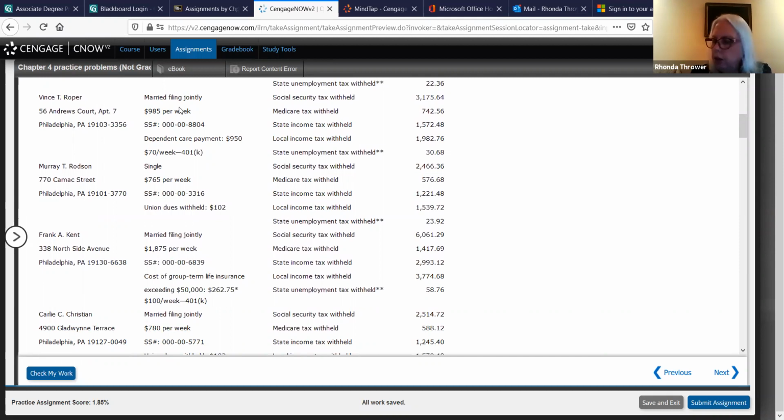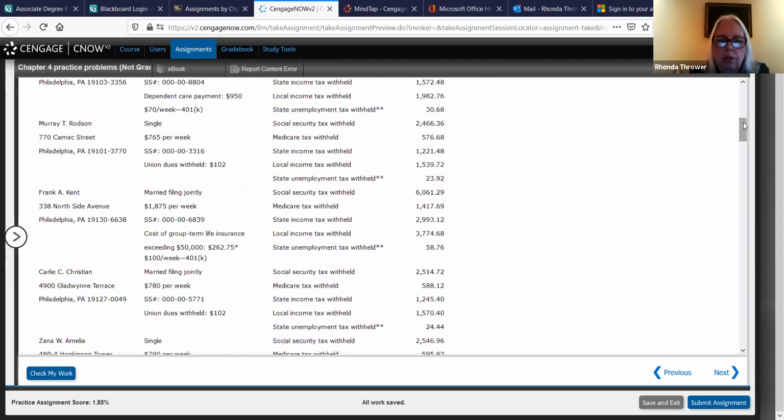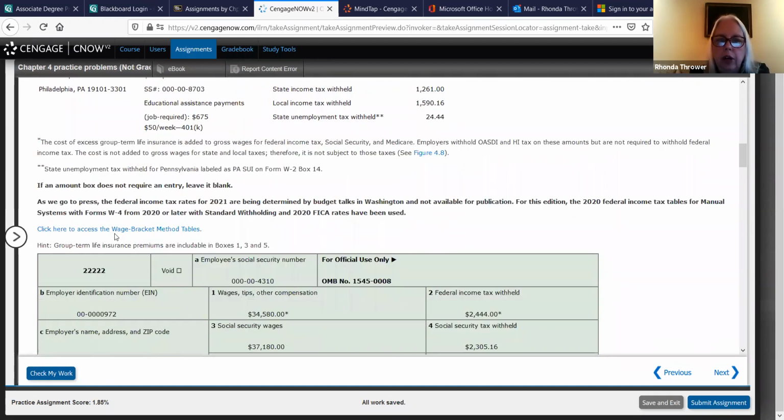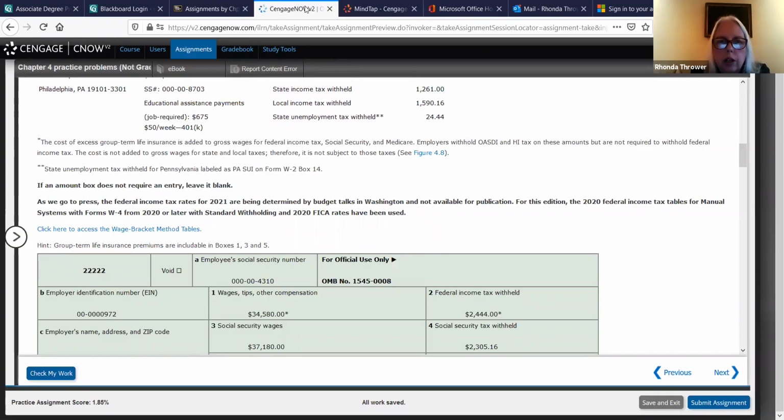This person is married, filing jointly. You need to know that. You also need to know that this is a weekly pay period and that we're using the wage bracket method. So you click here if you hadn't already done that. And what should open up, that's not what I want to see there. Okay. Let me click on this here.